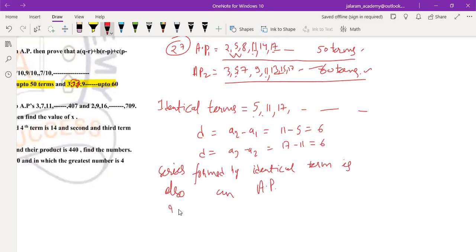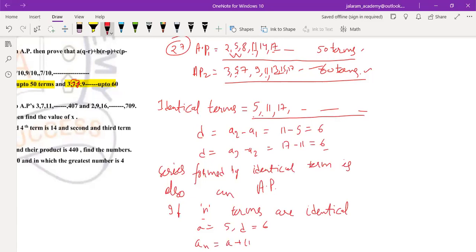So if n terms are identical, the nth identical term is obtained with A equals 5 and D equals 6. How will you find the nth identical term?